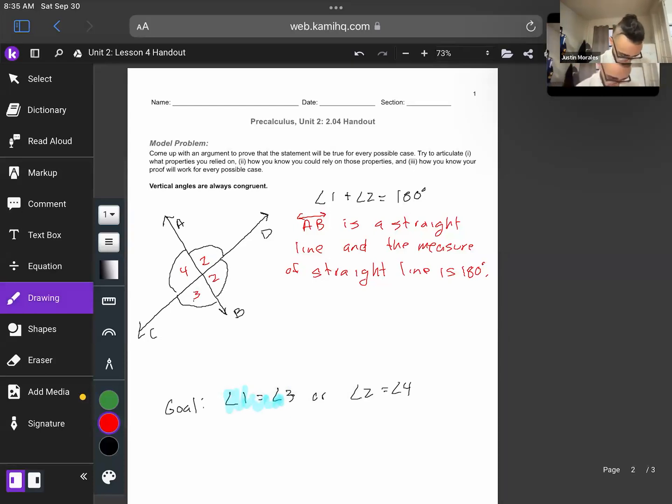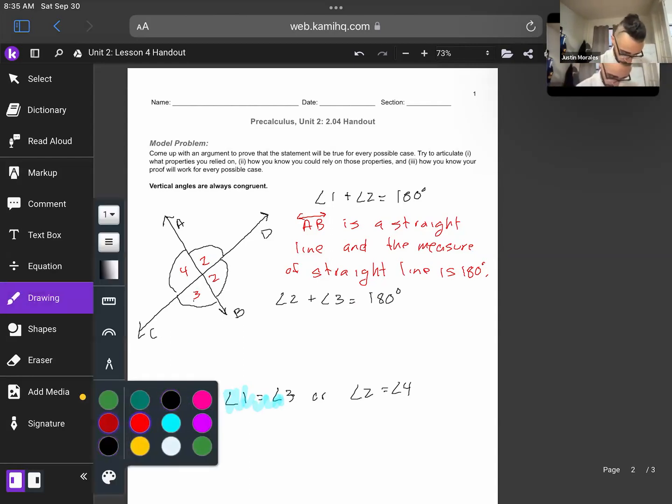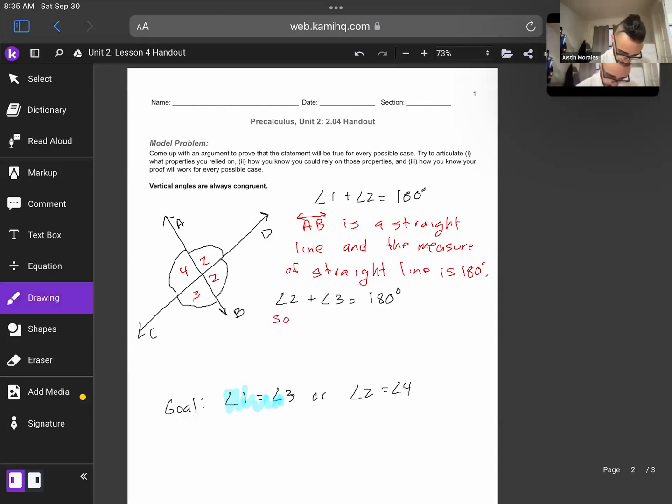I'm going to say angle 2 plus angle 3 is equal to 180 degrees, and it's for the same reason above, but this time we're talking about line CD.